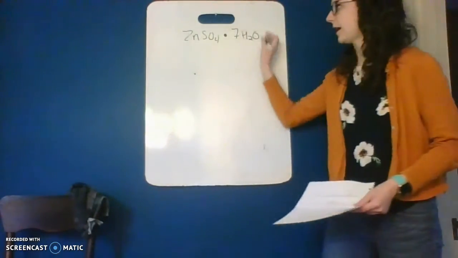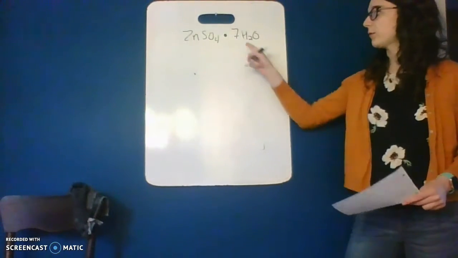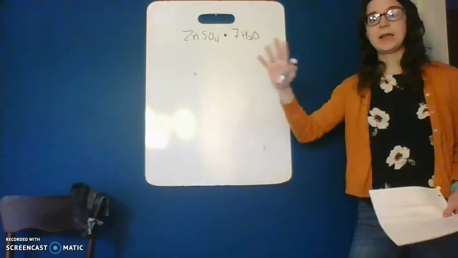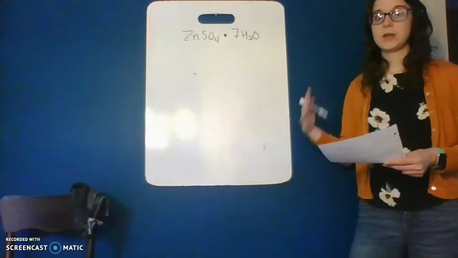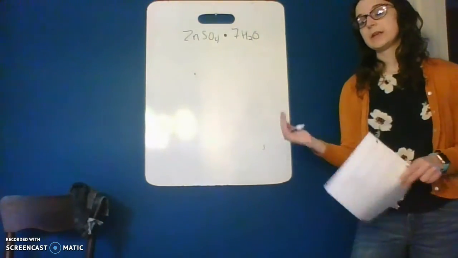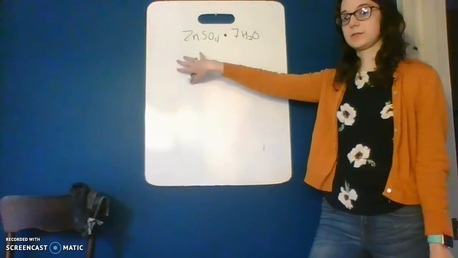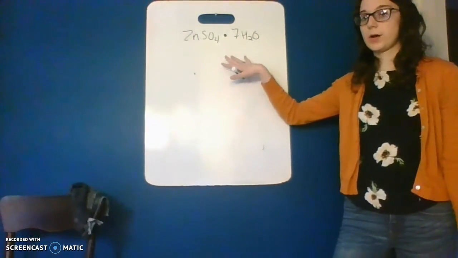So this is an entire compound together. I want to figure out the percent of water in this compound. The first thing I'm going to do is find the total molar mass of this compound. To do that, I'm taking the molar mass not only of the zinc sulfate, but also of the water.